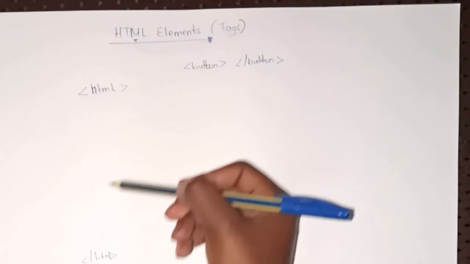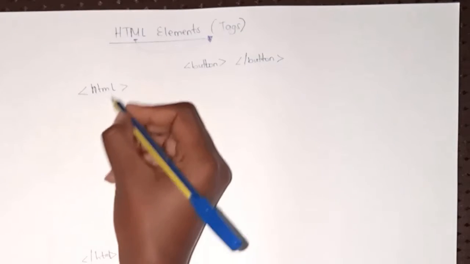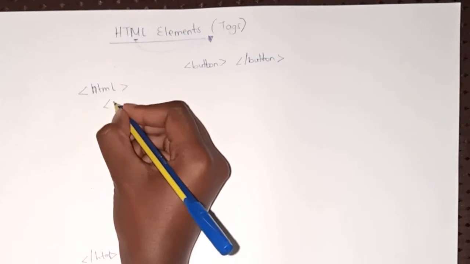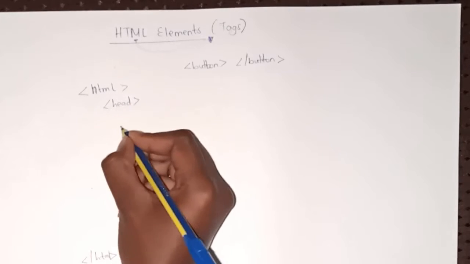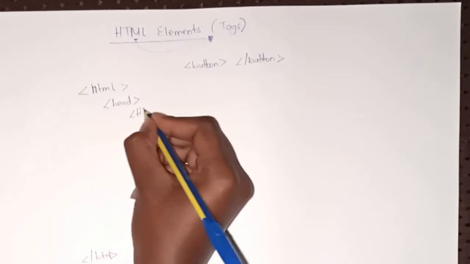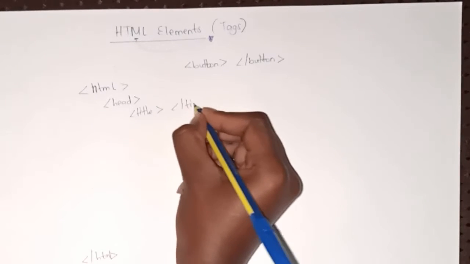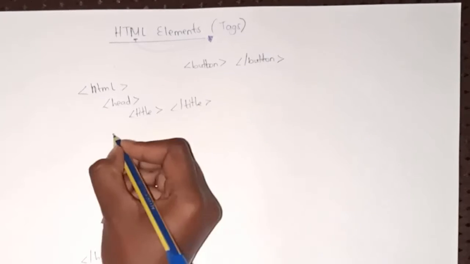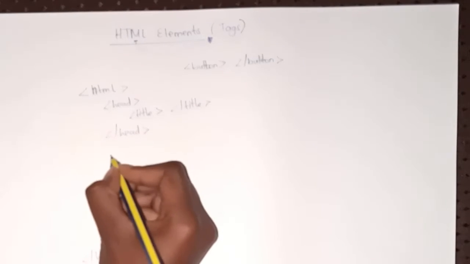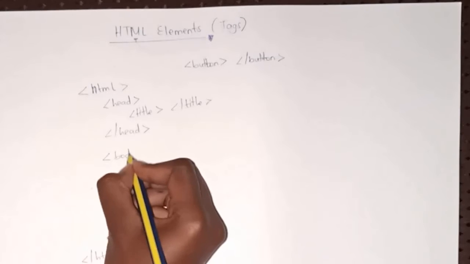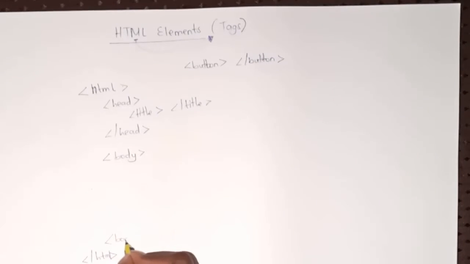We open it, all your code is written in here, and then you close the html. Now inside it, for its boilerplate, we have the head, and inside the head, you always have the title, and then you close the head, and then you have the body, and then we close the body.